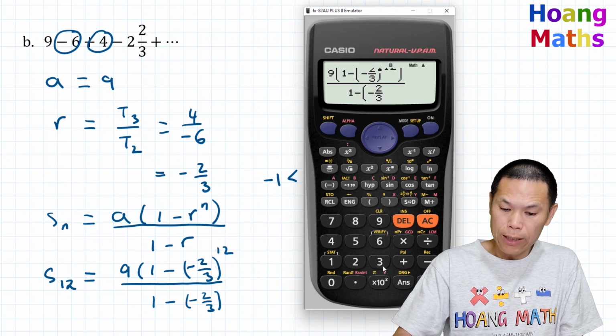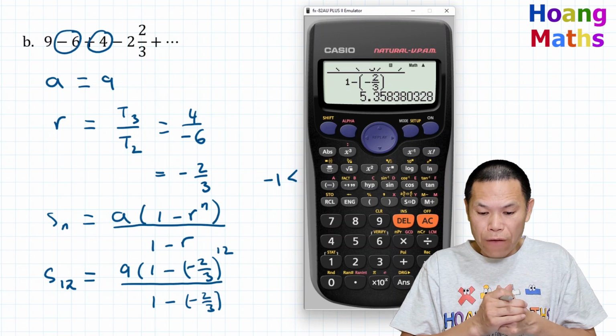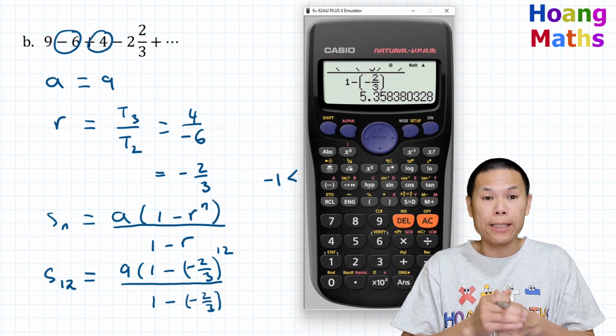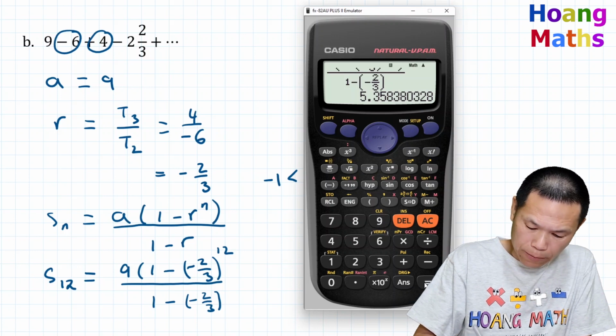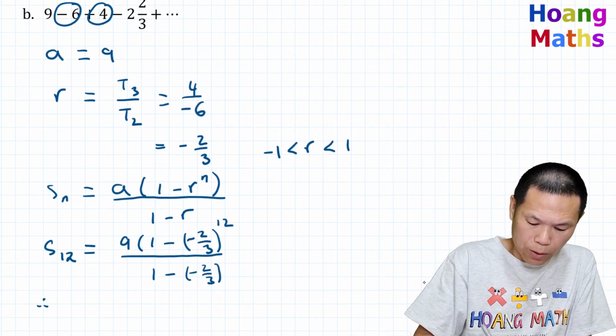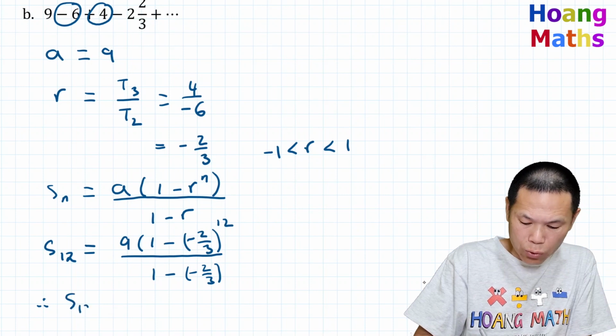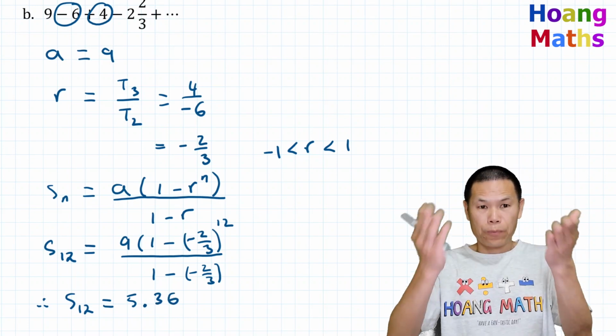Don't forget, okay? So there you go, 5.36, correct to 2 decimal places. So therefore, S of 12 is equal to 5.36. There you go.